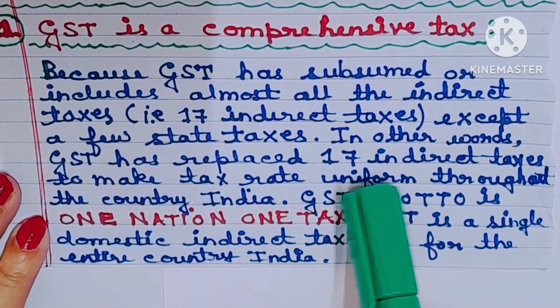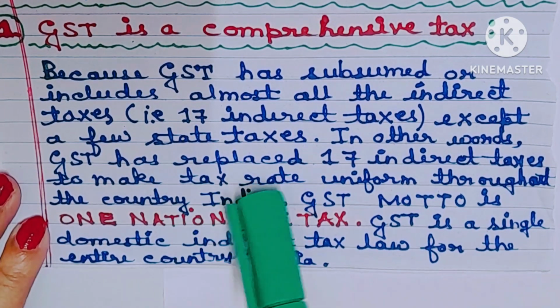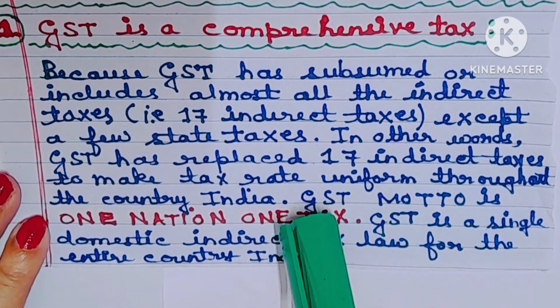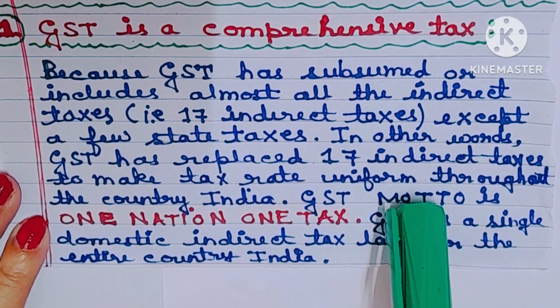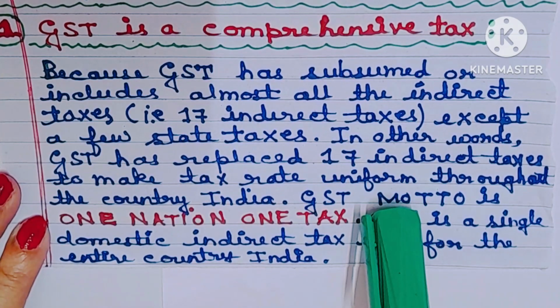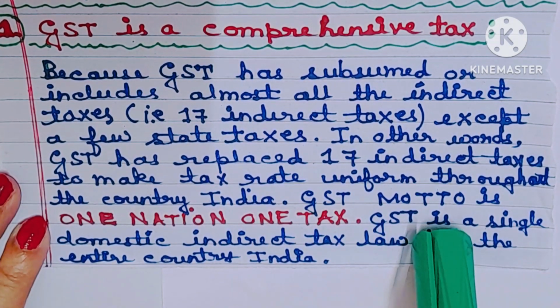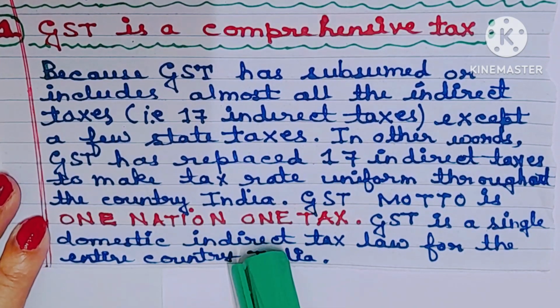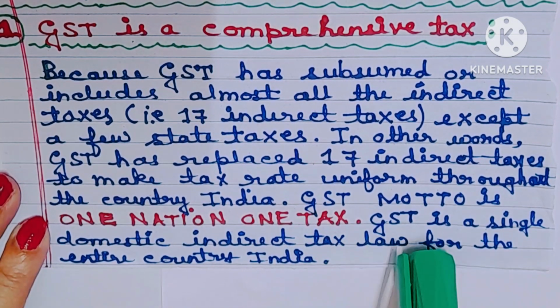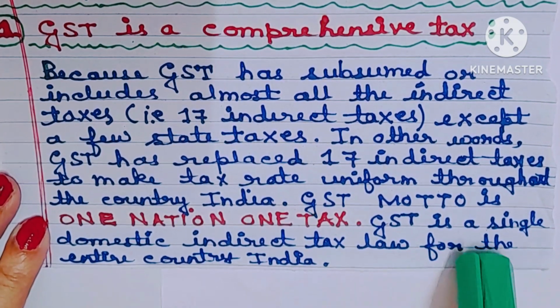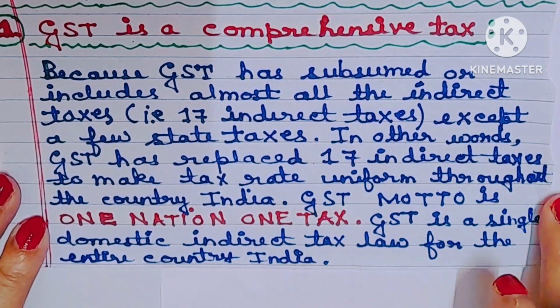In other words, GST has replaced 17 indirect taxes to make tax rate uniform, meaning same throughout the country, India. The motto of GST is One Nation, One Tax. GST is a single domestic indirect tax law for the entire country, India.